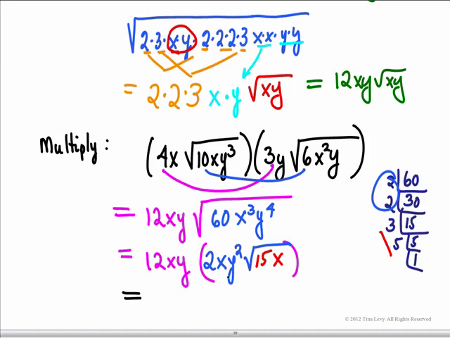Once you have that, now you can simplify what's outside of jail. 12 times 2, 24, x times x, x squared, y times y squared, y cubed, and then tagging along in jail is the radical 15x. So that would have been the multiplication and the simplification at the end.